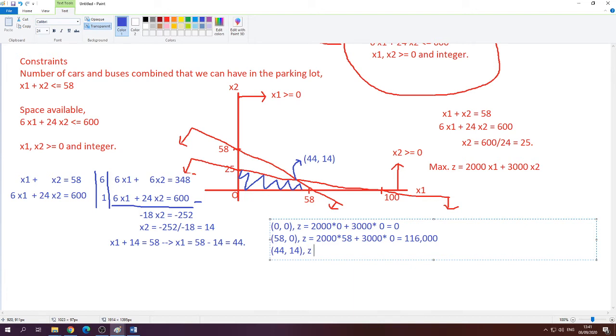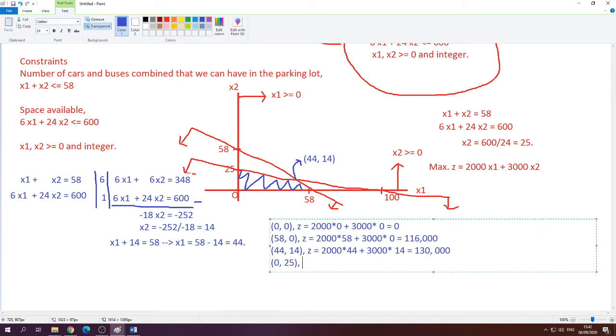So the value of z will be 2000 times 44 plus 3000 times 14, and that equals 130,000. Okay, and the last point is this point, that's 0, 25.